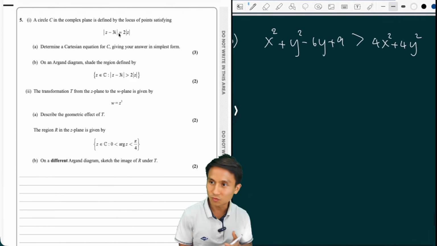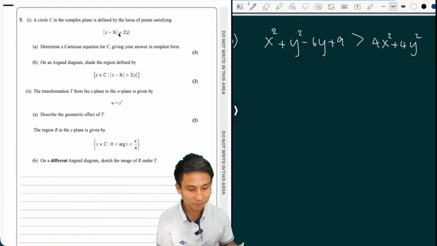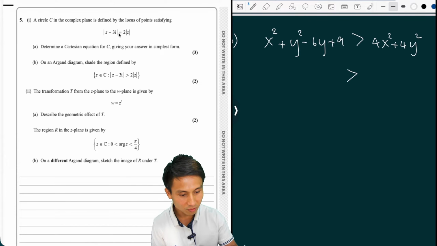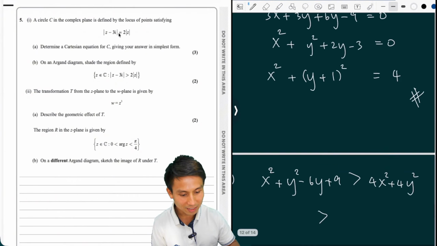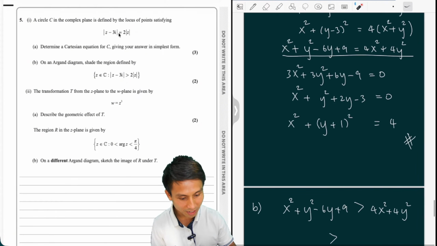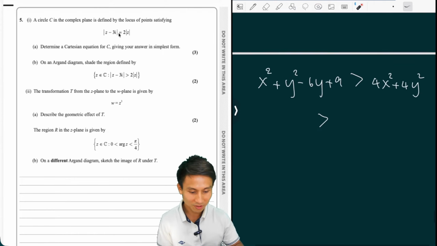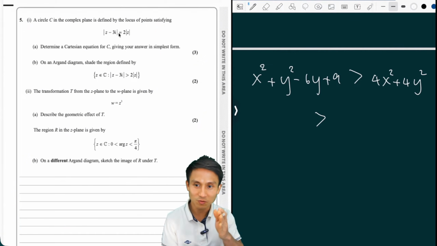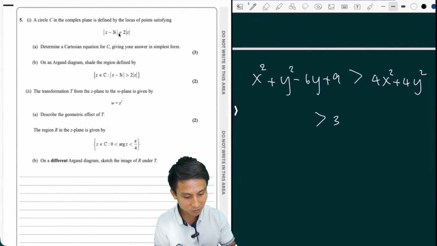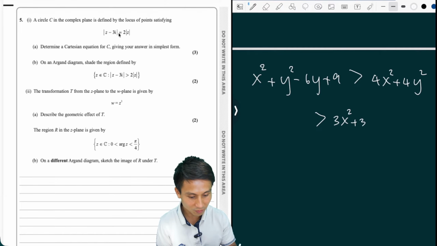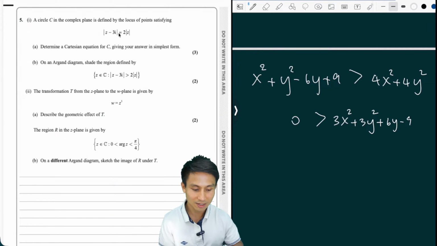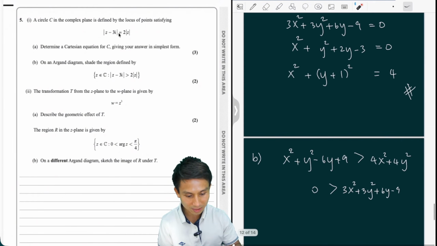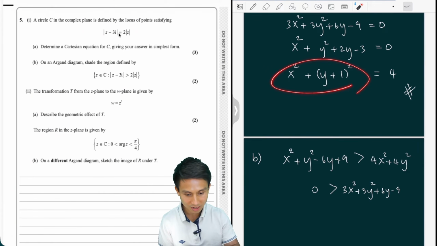And then if you derive further, you're going to have on the right side, because I did move everything to the right side, but I wrote it on the left side, right? So now we're going to have the right side instead, to not confuse with the inequality sign. So we have 3x squared plus 3y squared plus 6y minus 9. And again, if we look back here, we get this to be this, right?